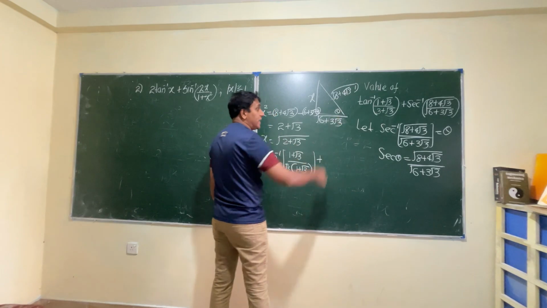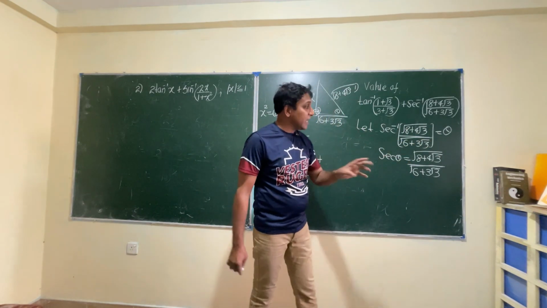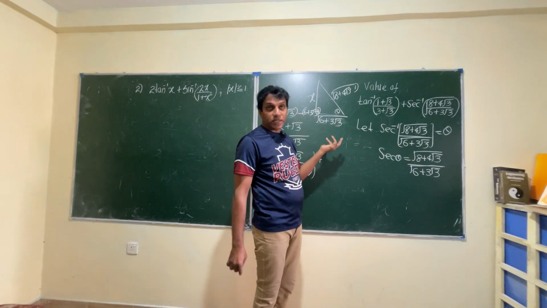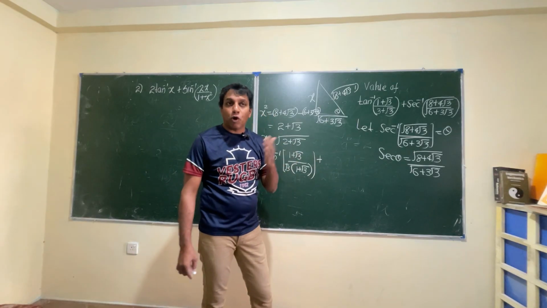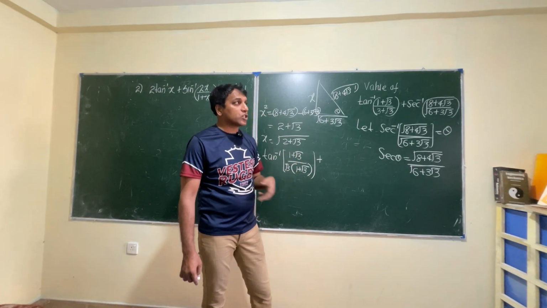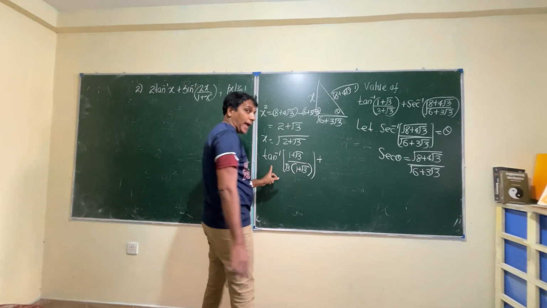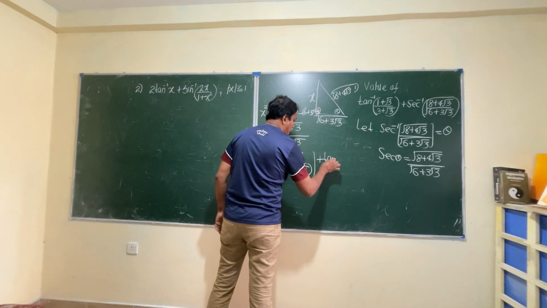Alright. See, sec inverse, I took theta. In terms of theta, sec inverse, this one. You can write it in sine inverse, the same theta. One theta in several formats: in terms of cos inverse or in terms of tan inverse, cosec inverse, sine inverse. So I need to write a tan inverse, right? Therefore, see that my right angle triangle.